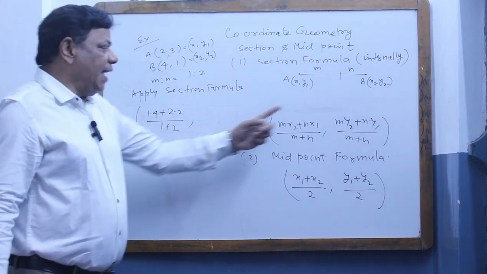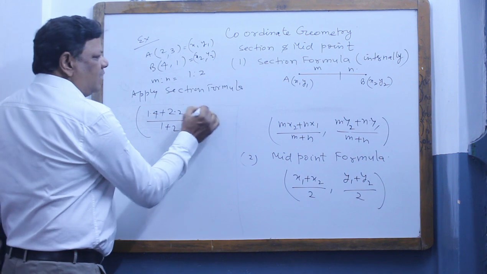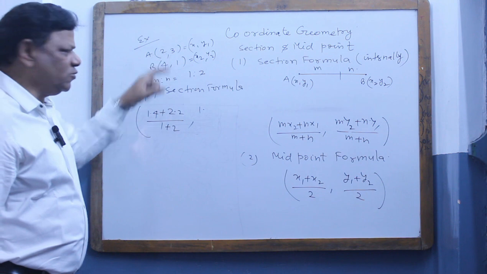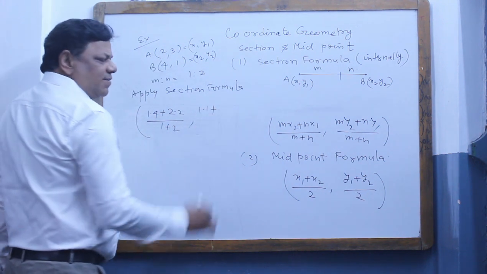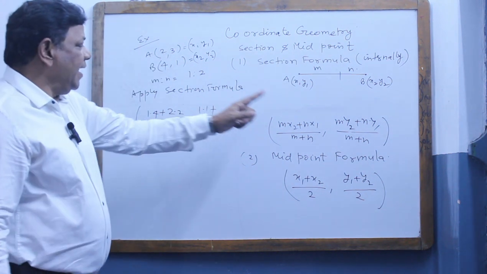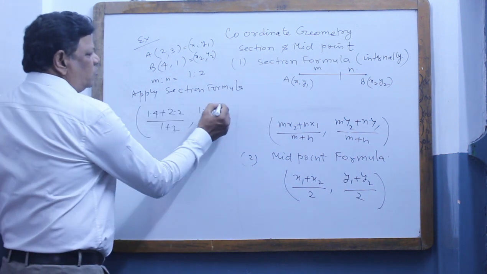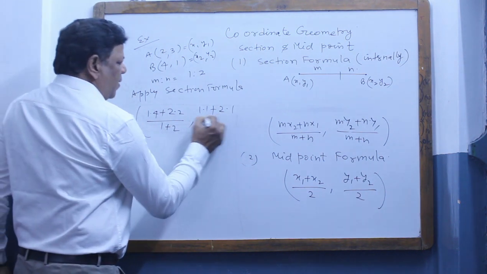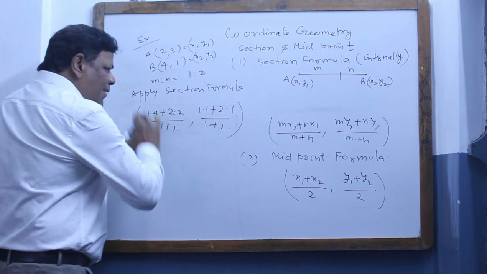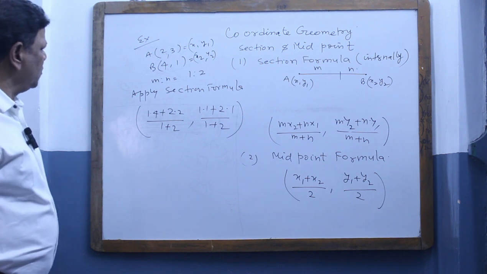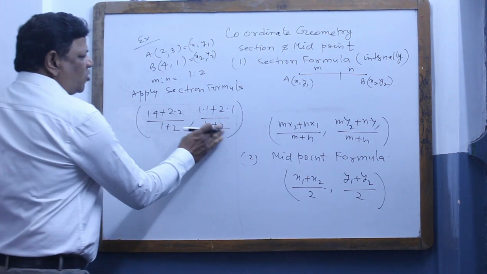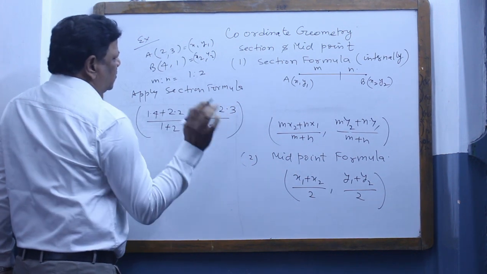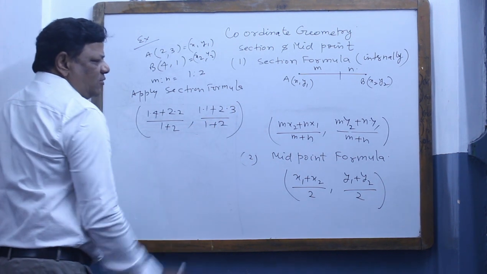Clear this much? m y2, m is 1 and y2 is 1, so 1 dot 1 plus n, which is 2, dot y1, divided by 1 plus 2. I have to solve this. y1 is 3. Yes, sorry, here 2 and 3. Very good. And 1 plus 2 I have to write down.